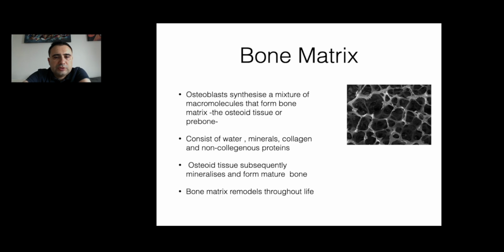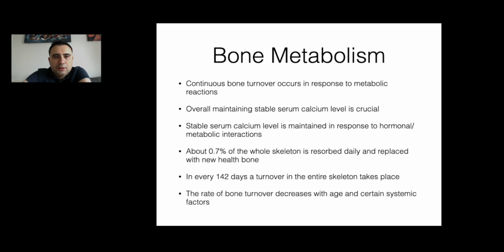This osteoid tissue subsequently mineralizes and forms mature bone, and this bone matrix remodels throughout life. Our body continuously remodels during the whole life. It is called bone turnover, remodeling the bone, forming and degrading it, and it occurs in response to metabolic reactions or in some pathological conditions.